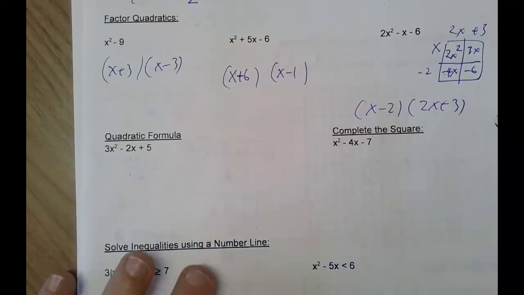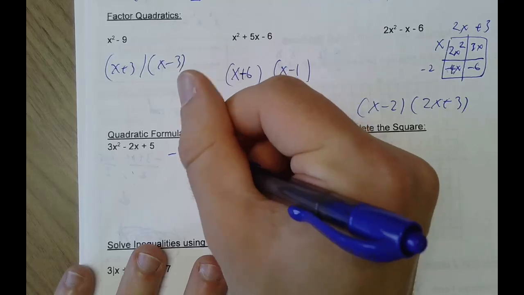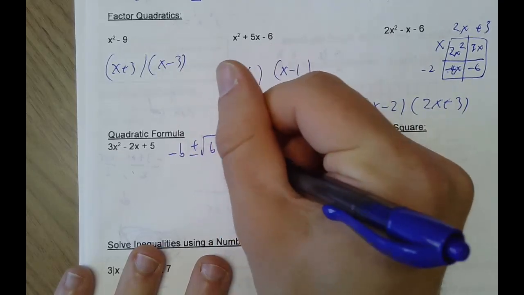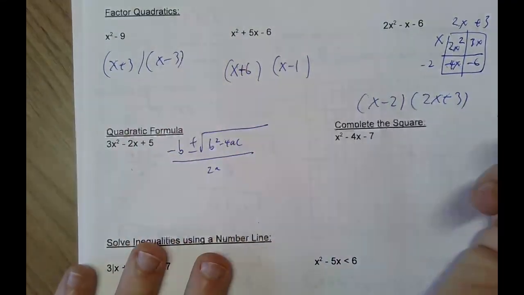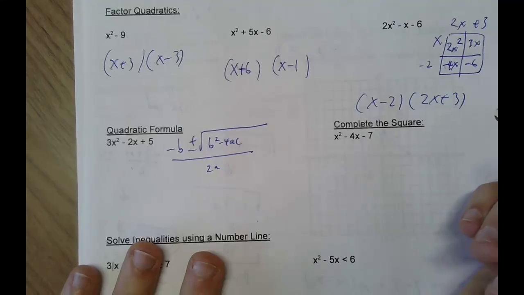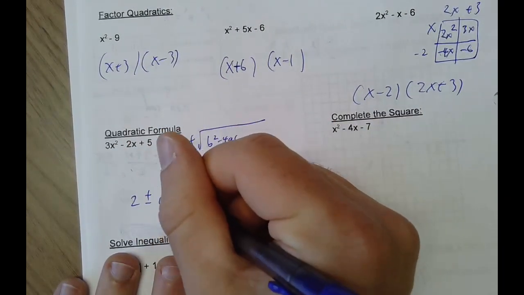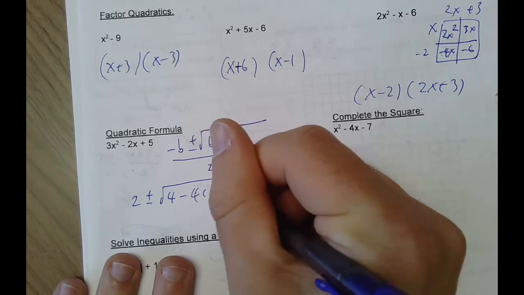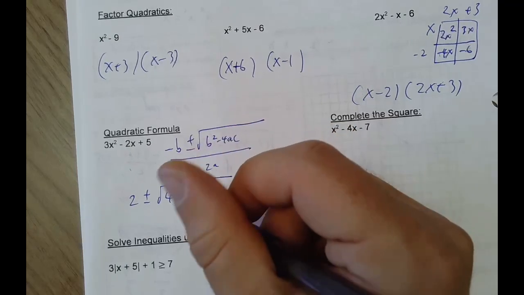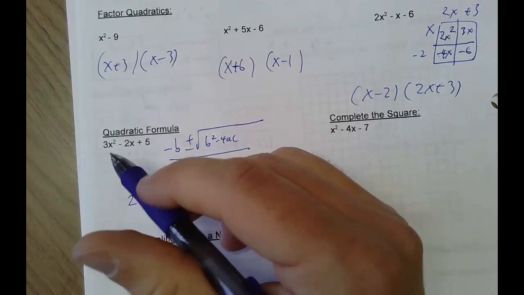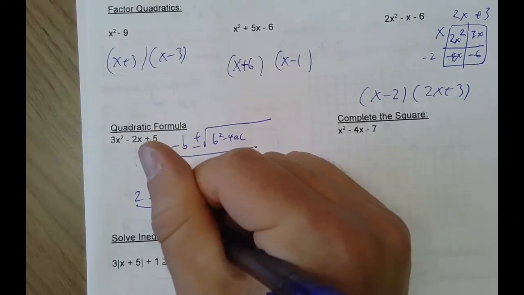Okay, quadratic formula, you know it, put it on the formula card: -b plus or minus the square root of b squared minus 4ac, over 2a. Your a is 3, your b is -2, your c is 5, plug them in. So 2 plus or minus the square root of 4 minus 4 times 3 times 5, over 6.